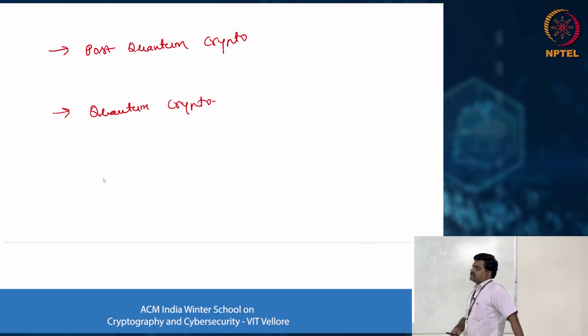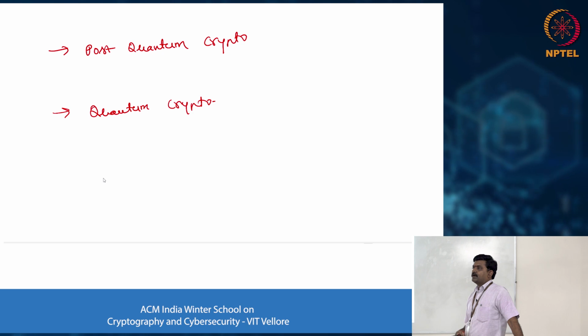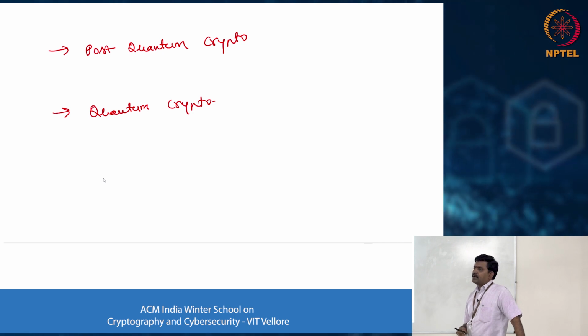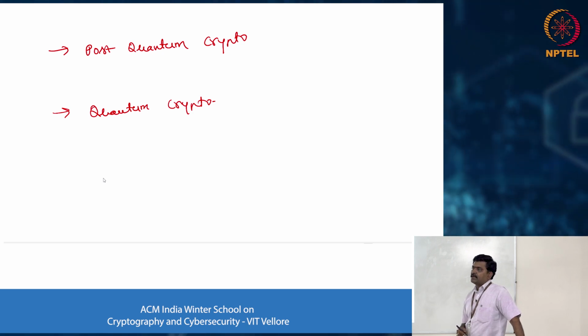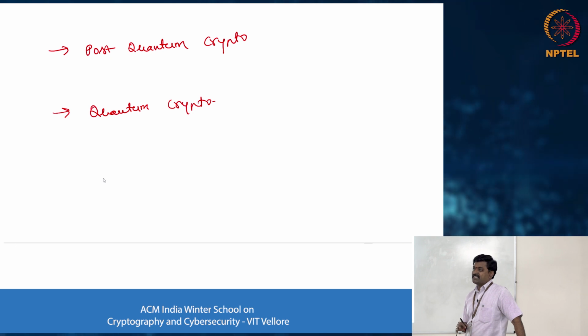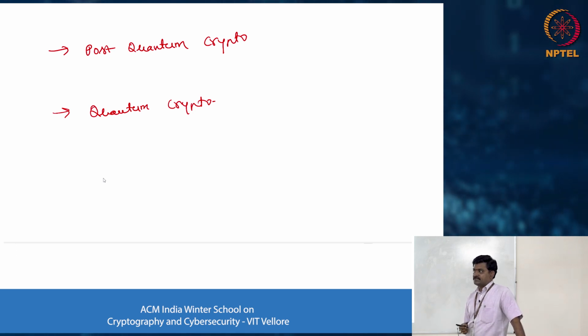Post quantum is all about how to make quantum resistant algorithms. That means I have Shor's algorithm breaking my public key. How do I resist it? I have the Grover algorithm which is going to impact my hashes and symmetric ciphers. How do I resist it?